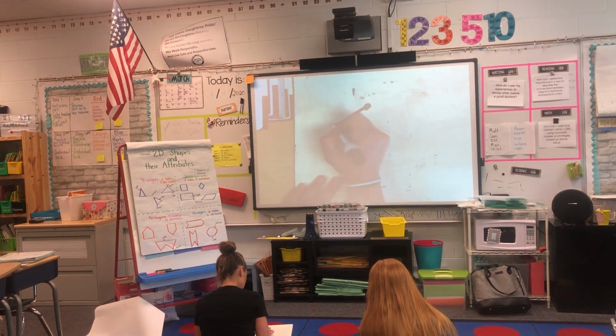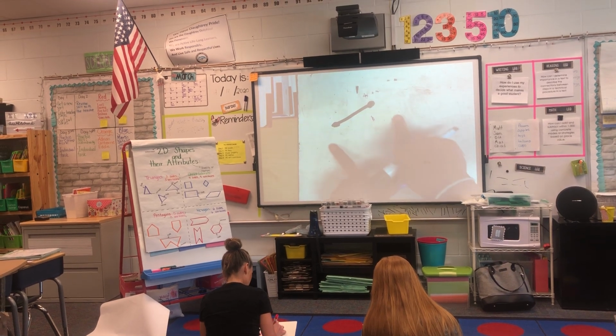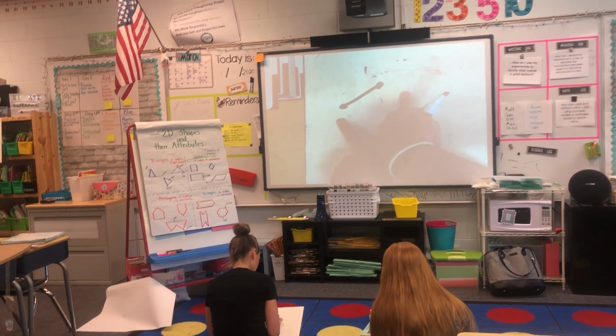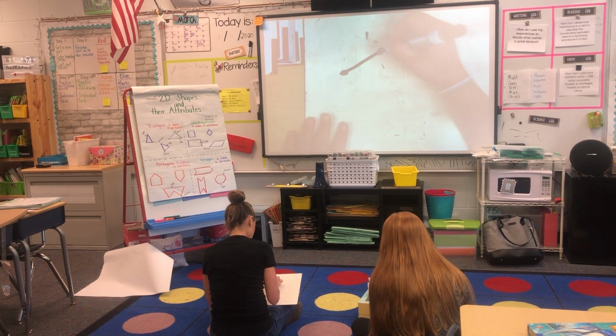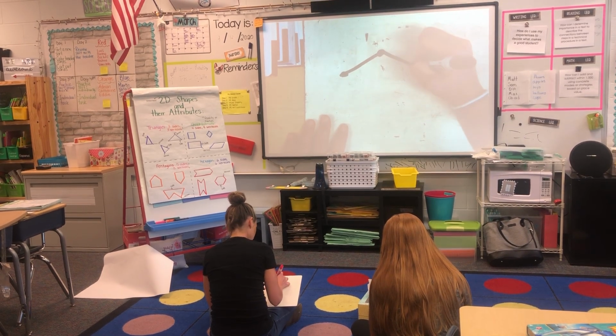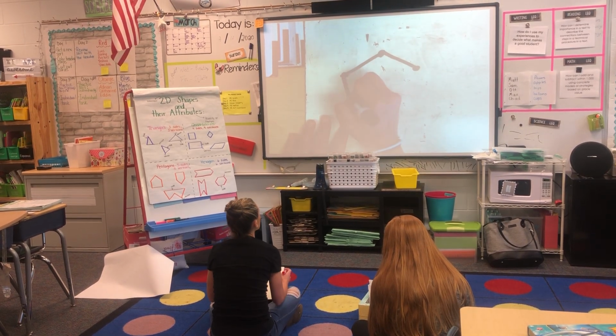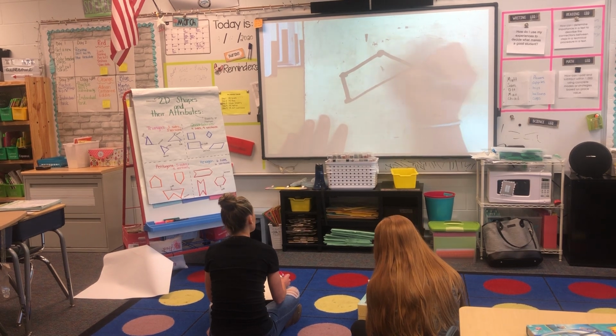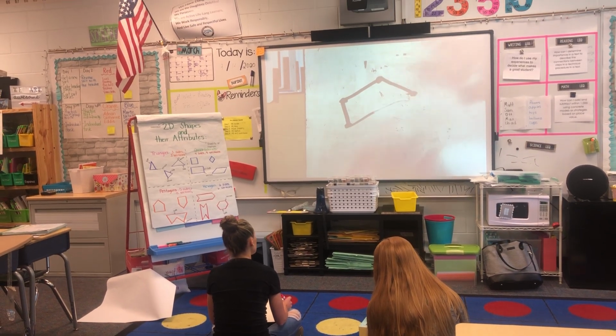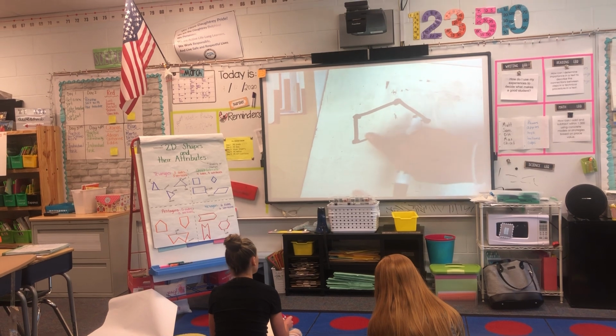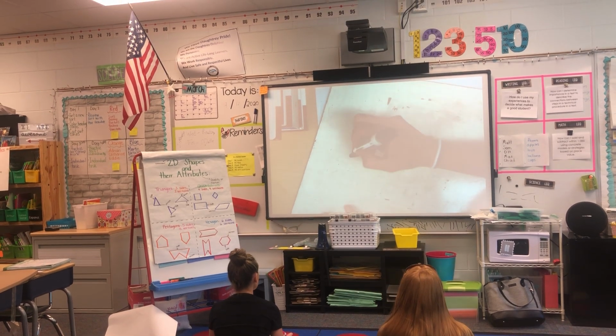And I'm going to put a dot at each of my vertices, my edges, so I know I can keep track. 1, 2, 3, 4. That's not a pentagon. No, it's not. I miscounted my sides.